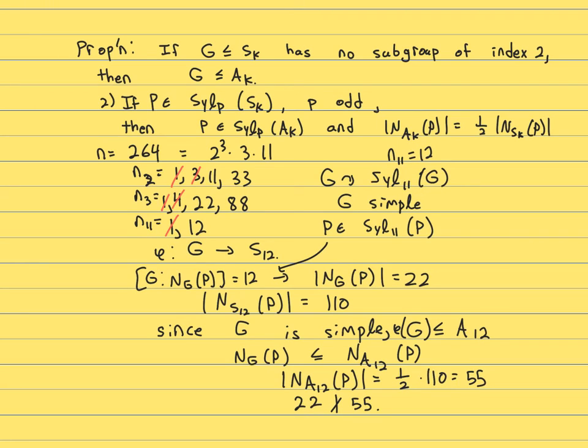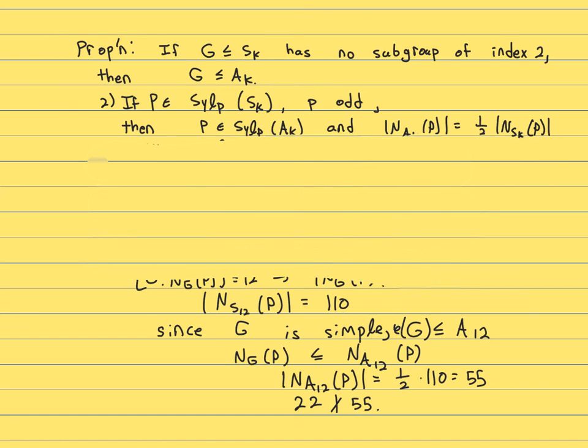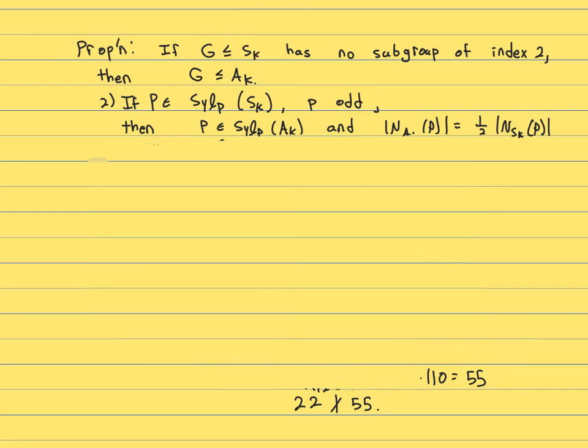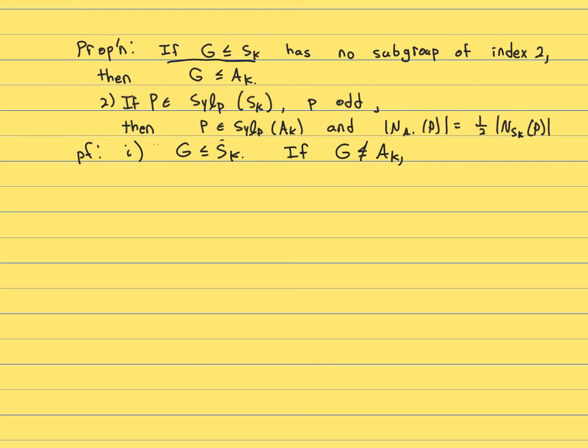Of course, we still need to prove this proposition, but the proof is not that hard. The first part is trivial. We'll prove the contrapositive instead for 1. So assume that you've got a subgroup of the symmetric group. If G is not a subgroup of the alternating group, then it has a subgroup of index 2.